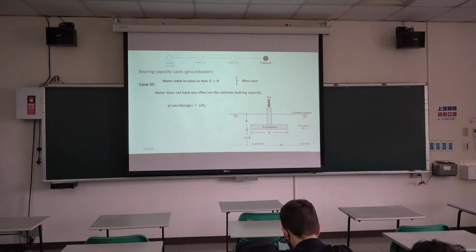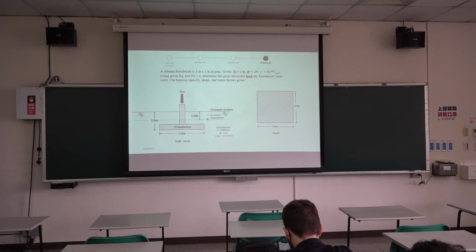Based on that, we are going to go through two examples. Let's start with this one. We have a column foundation that is 3 by 2 meters in plan, and the depth of embedment is 2 meters, as you see here.